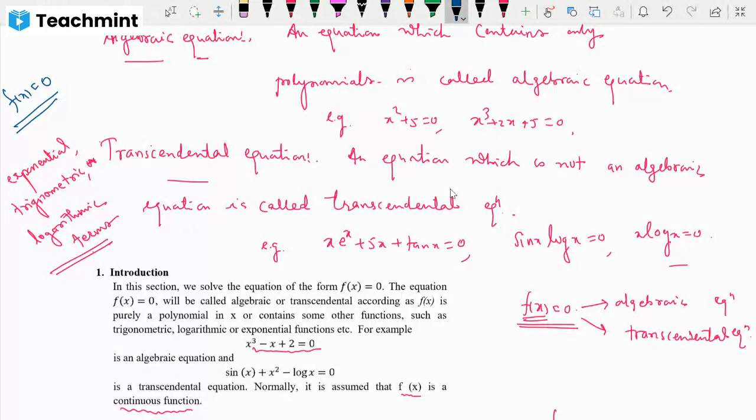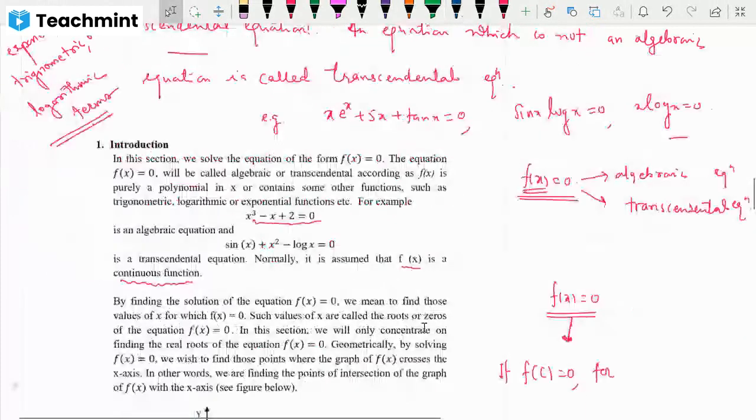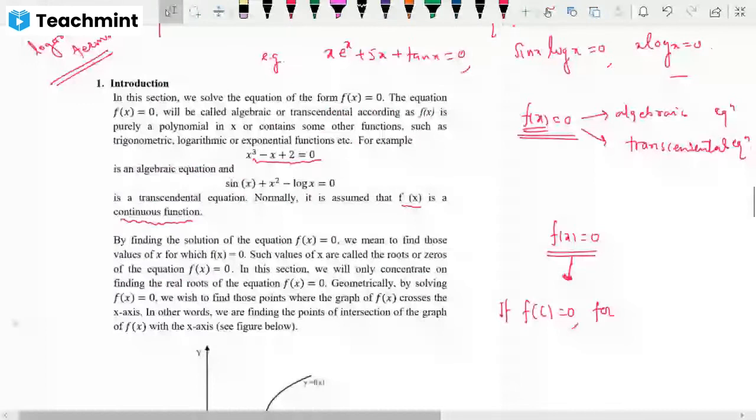So whether an equation is algebraic or transcendental depends on this f(x). Already we have seen it in the introduction, so that part is clear, and we have already discussed it in the last lecture.